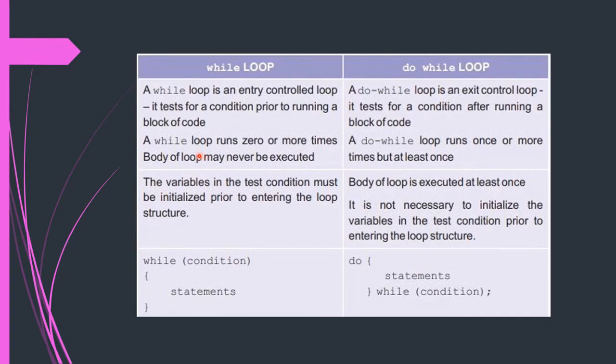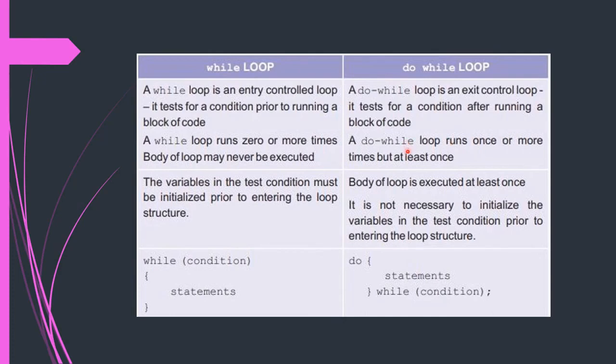A while loop may run 0 times also, meaning the body of the loop may never be executed. In which case? When the condition is not true at all. Because in the while statement, first of all the condition is tested, and if the condition is not true, then the body of the loop will never be executed.